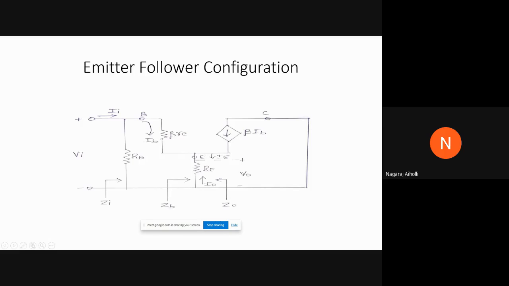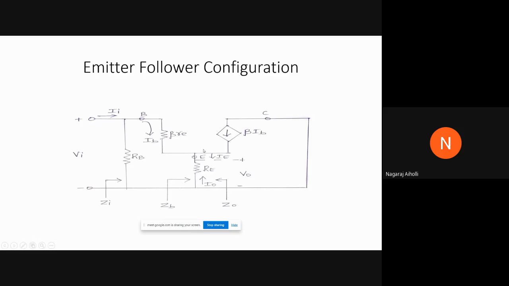For this emitter follower configuration, we have already gone through the RE model. We drew the AC equivalent circuit and then the RE model in the beginning classes of our second module.